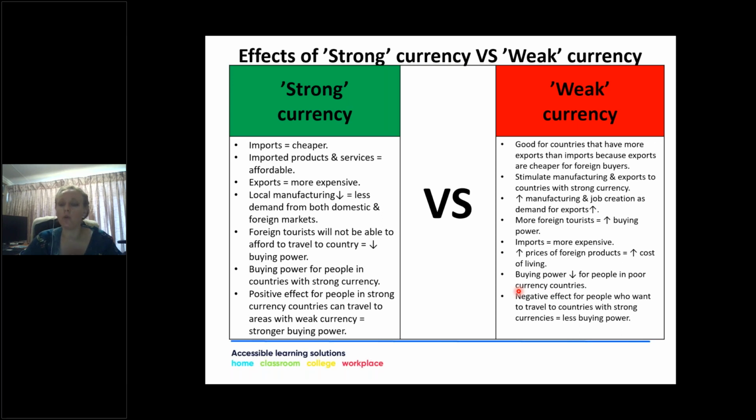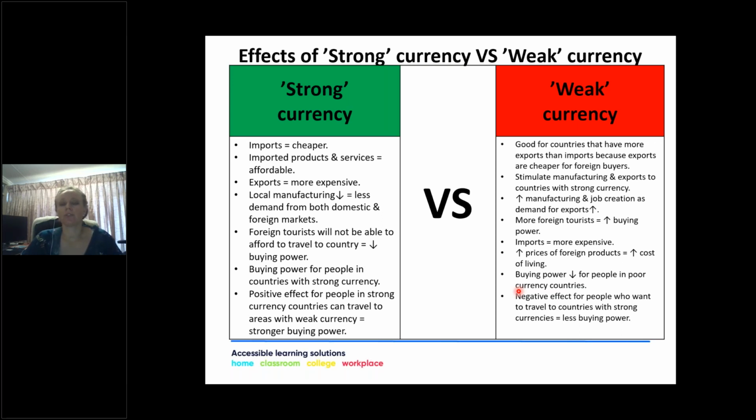En dan is die koopkrag vir mense in lande met 'n swakker geldeenheid minder as wat dit sou wees vir lande met 'n sterker geldeenheid. Dit het dan ook 'n negatiewe effek vir mense wat in lande bly met 'n swak geldeenheid, want dit beteken hulle het minder koopkrag wat hulle dan kan gebruik in lande met 'n sterk geldeenheid.